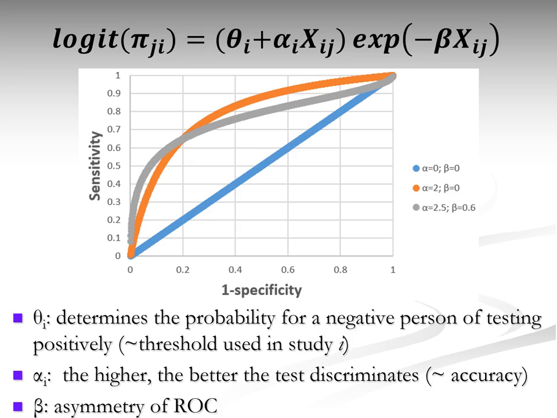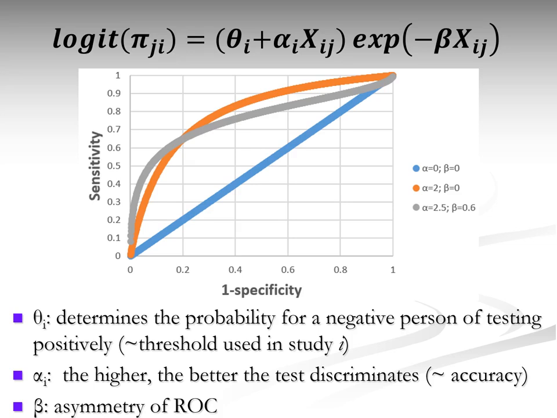For negative cases, the logit of pi is equal to theta_i. So theta_i determines the probability for a negative person of being tested positively. That refers to the threshold used in the study. And so the variance in the theta_i's refers to the differences between studies in the threshold that is used.